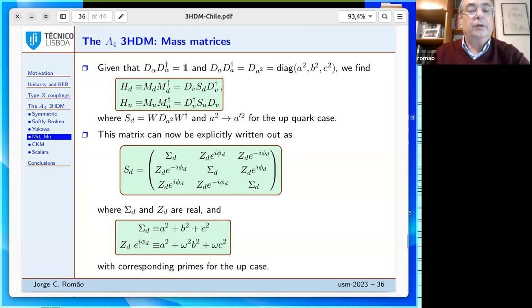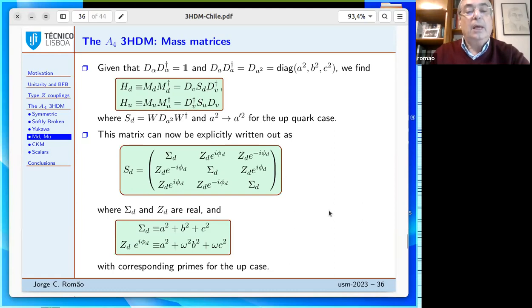This is more convenient for the fitting than using the original A, B, C, but of course the number of parameters is the same. Now, if you go to the up case, you just put everything primed, and do not forget to take the complex conjugate for the VEVs.